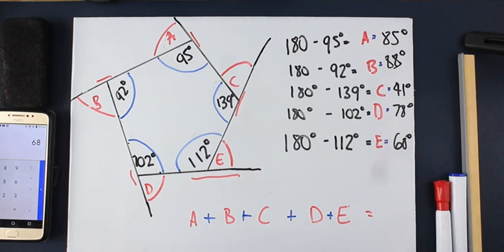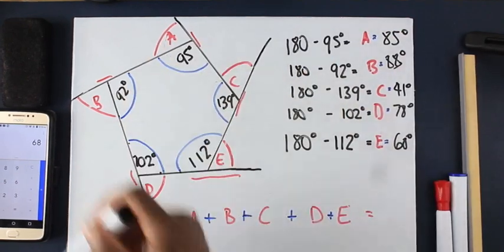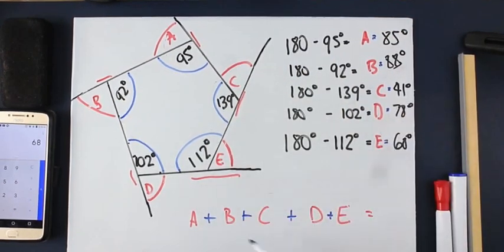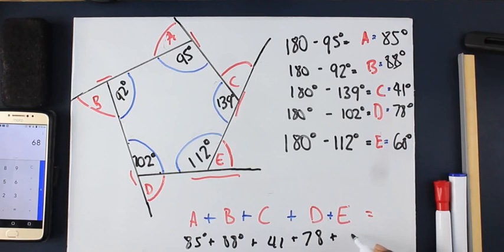What I want you to do is look at the sum of all these external angles. That's A plus B plus C plus D plus E. So that would be 85 plus 88 plus 41 plus 78 plus 68 degrees. What does that equal?